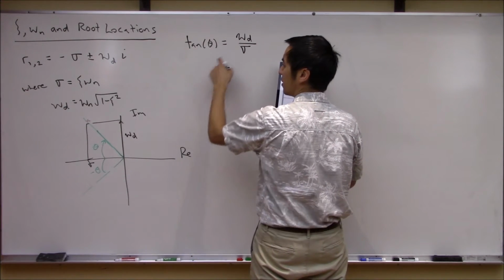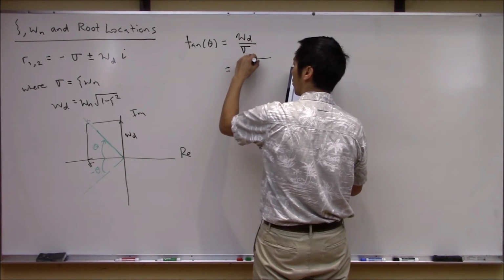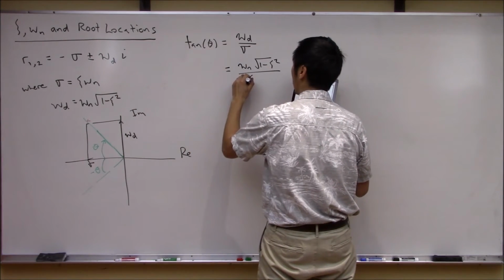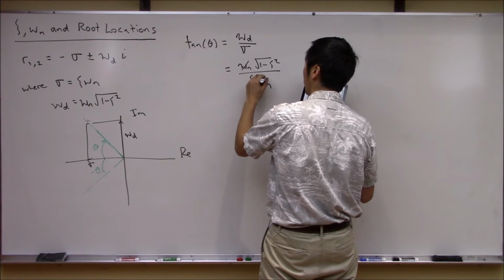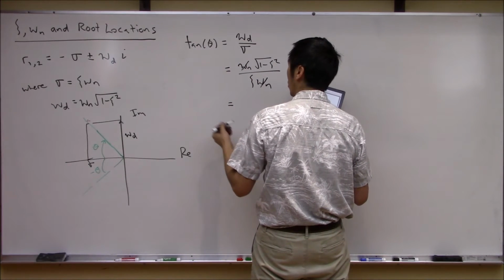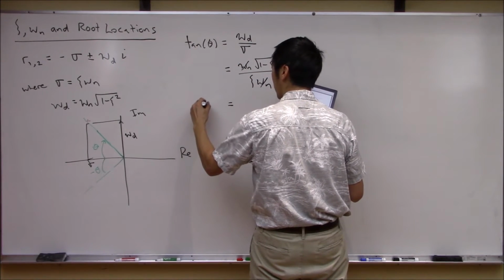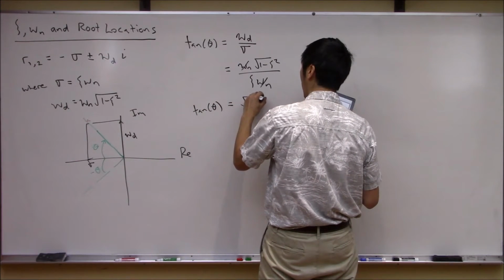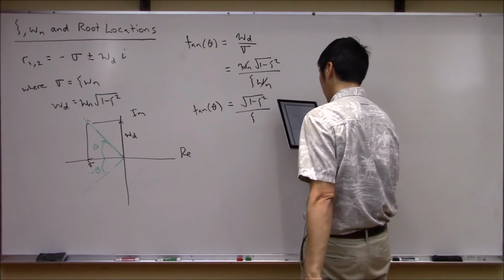So what was omega d? Omega d was omega n square root of 1 minus zeta squared. And sigma was zeta omega n. So look at this, the omega n's cancel, and aha, this is interesting. Again, we see that this is only a function of the damping ratio.